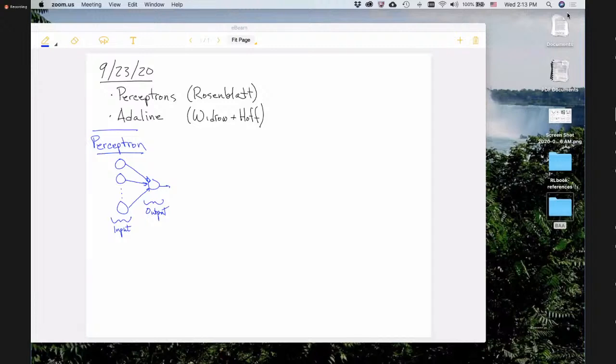Although if you actually go back and look at Rosenblatt's original paper, he would have taken that input layer and laid it out as a grid, again trying to, in many ways, capture the spatial view of the retina.